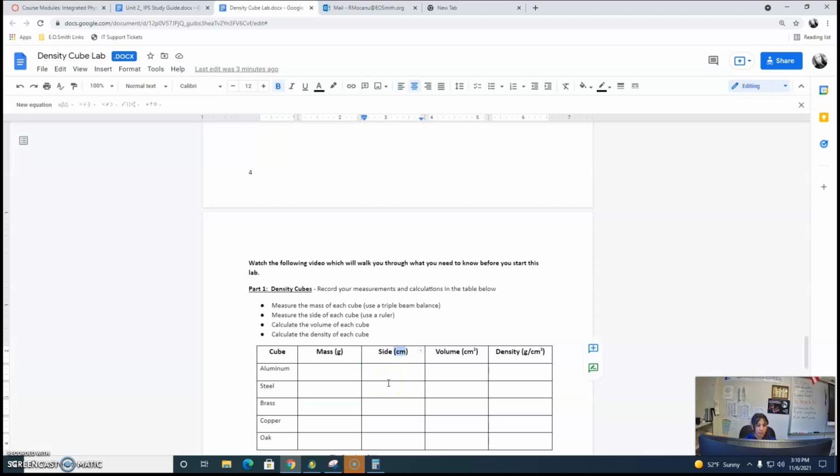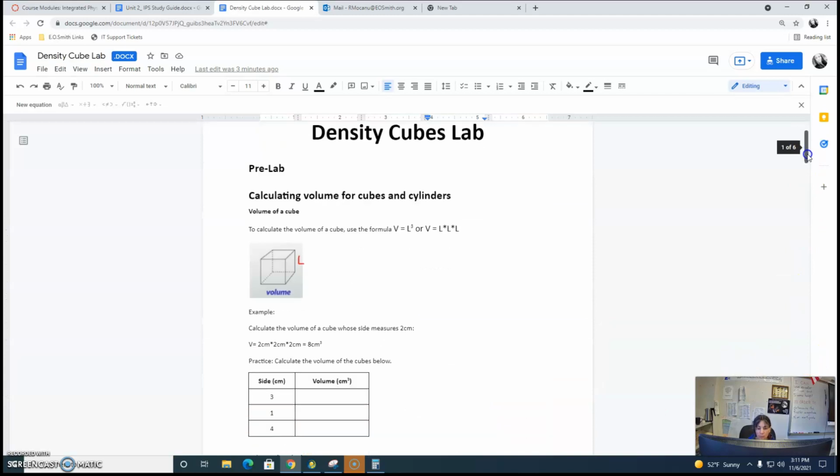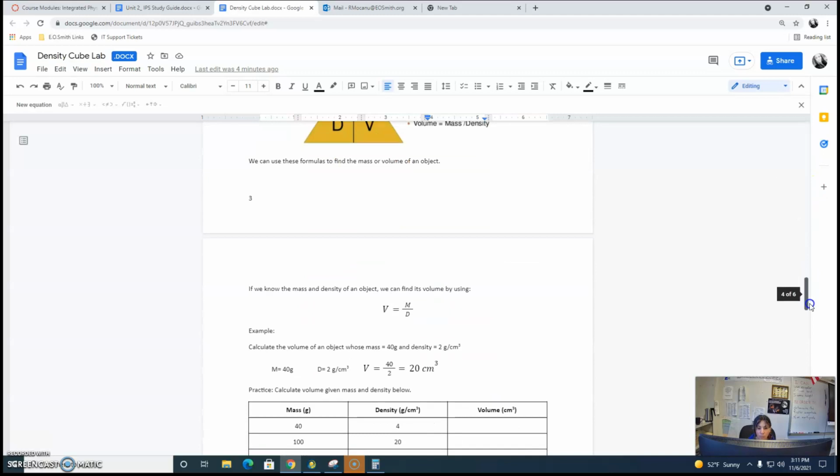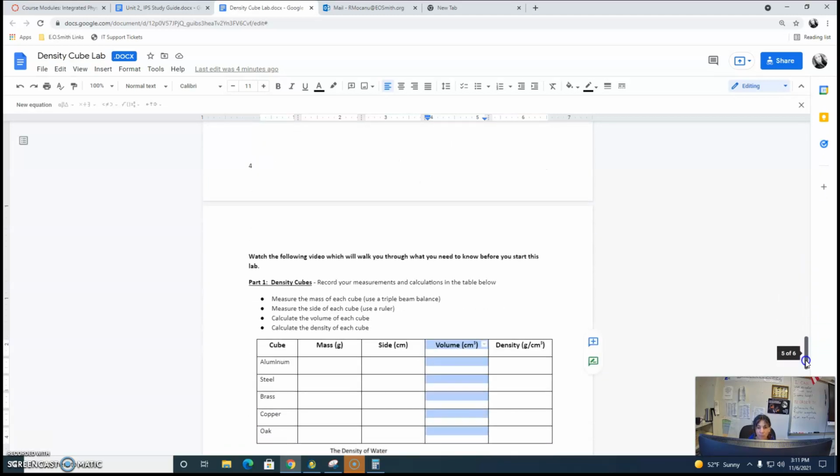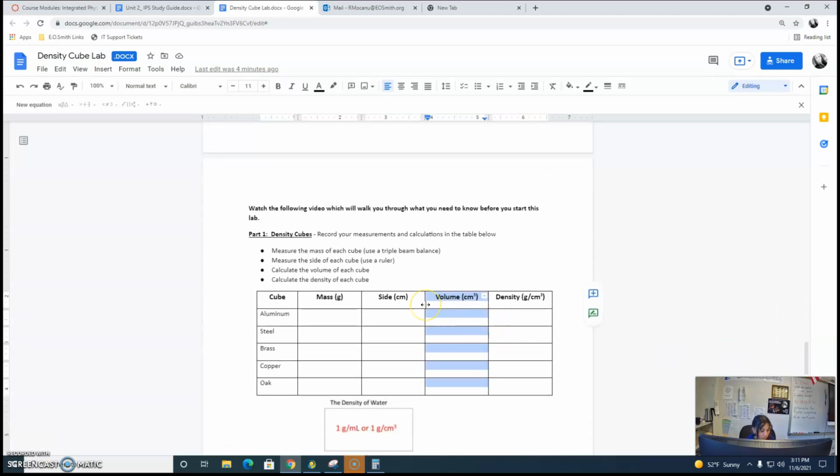So you're going to measure one side of this cube, and you're going to record your measurement right here. Next step, you're going to calculate your volume using what we did in the pre-lab, using the skill that you practiced, how to calculate the volume of a cube. You're going to use that skill and calculate the volumes of these cubes from your lab.